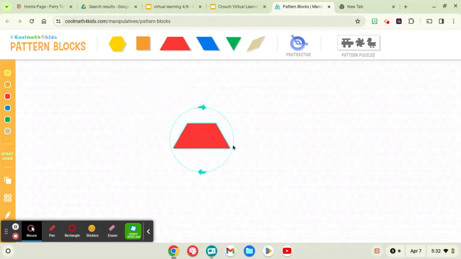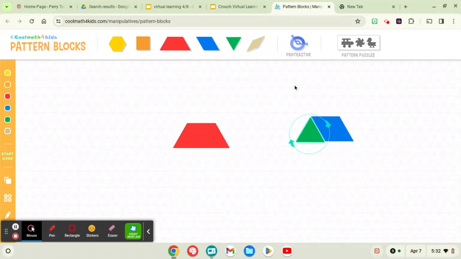I'm going to try to make a trapezoid using other shapes. Here I have a rhombus. I see that there's another shape that would fit perfectly to make a trapezoid here. A triangle. I'm going to have to adjust it and turn it. I see that the rhombus with the triangle makes a trapezoid.